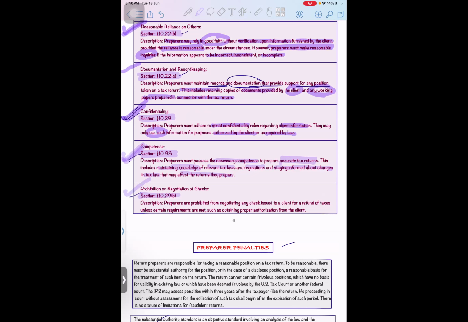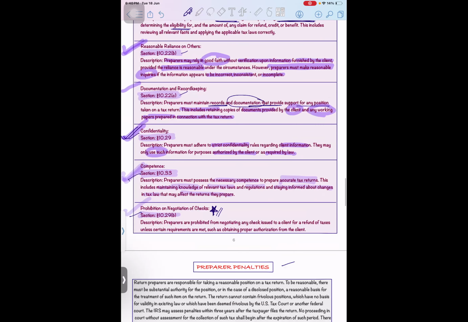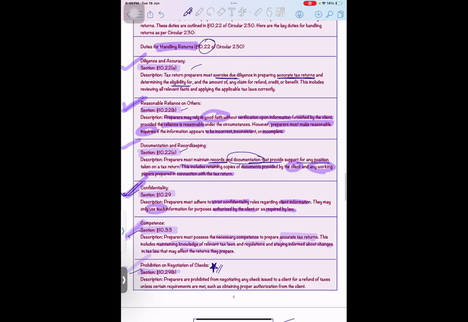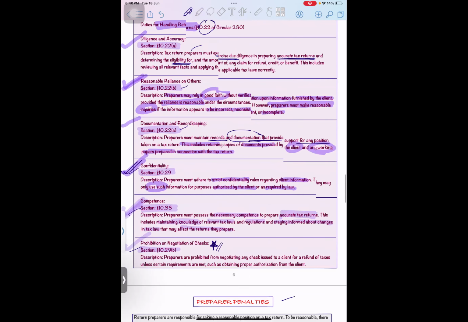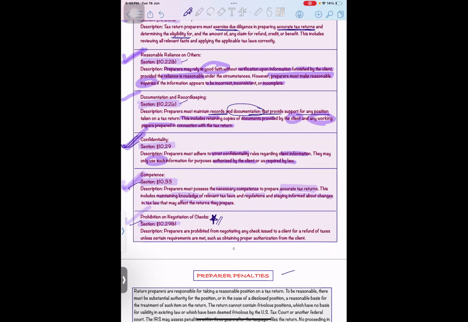This is an important one. Based on this, a few questions were asked in the recent exam, and one more question was on preparer penalty. Prohibition on negotiation of checks means what? Let's say, Rohit, you are preparing a return for your client, and the client is an Amish client. Amish clients don't have net banking.